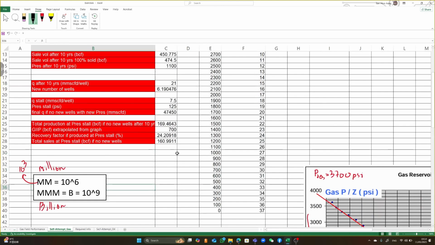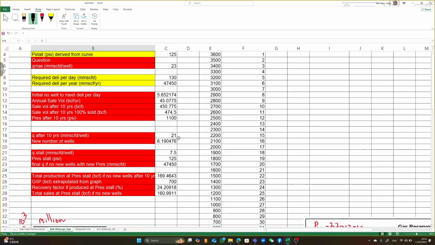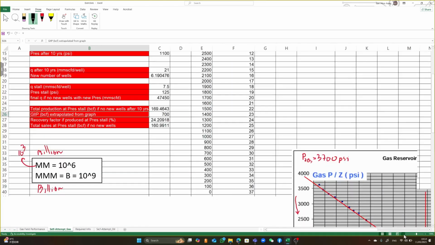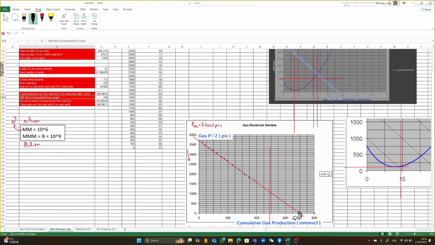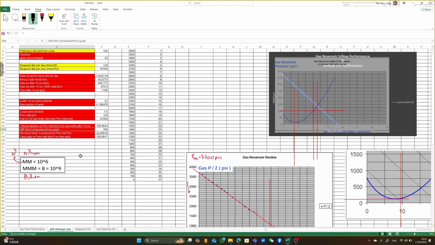I have written down how much it is here. Very easy. We just linearly extrapolated from a graph, and we got the gas initially in place, which is 700 MMM SCF. Just because I explained that MMM is billion, I have written down gas initially in place in billion standard cubic feet.